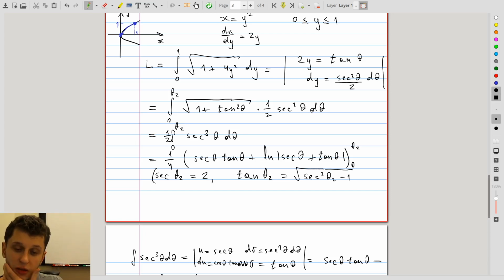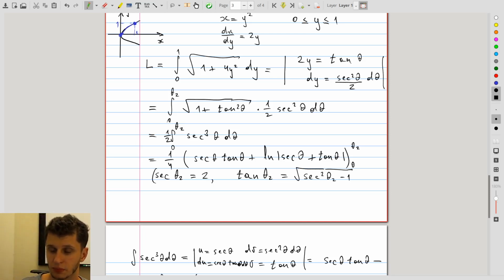The tangent is positive because when I use the substitution y equals tangent theta, I'm looking at the right half plane, for when secant is positive.